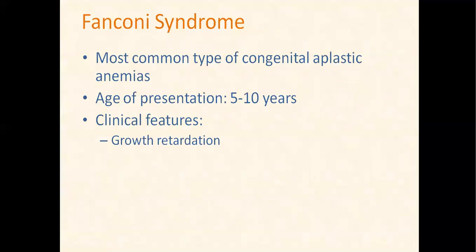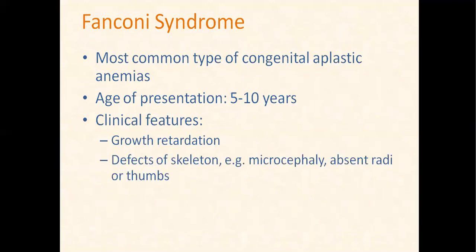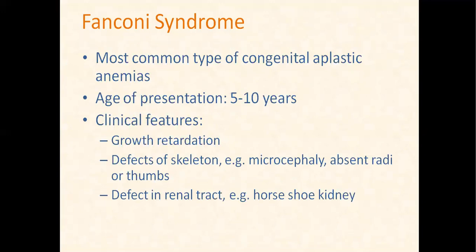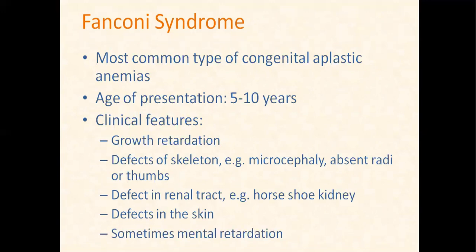The patient or child presents with growth retardation, skeletal defects like microcephaly, a small skull or small head, absence of some bones like the radius or thumb, defects of the renal and urinary tract like horseshoe kidney, and defects in the skin, sometimes associated with mental retardation.